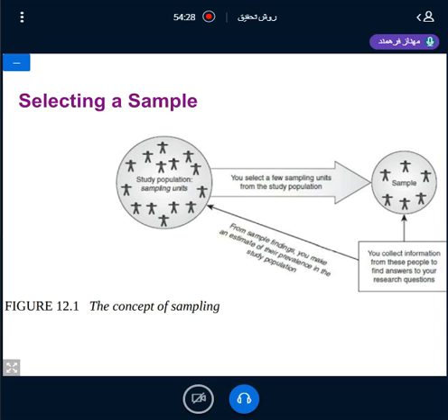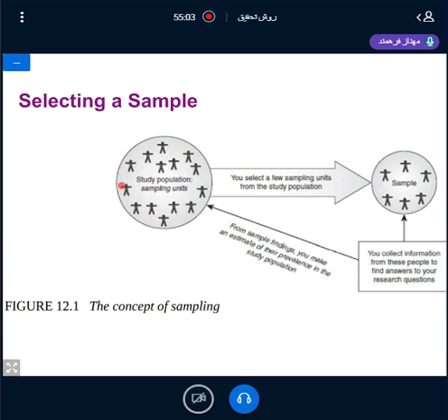You can see the concept of sampling, which the book explains much more, but just you can see in this picture the concept of sampling is the study population and sampling units. You select a few sample units from the study population. So this is the study population, this is your sample.